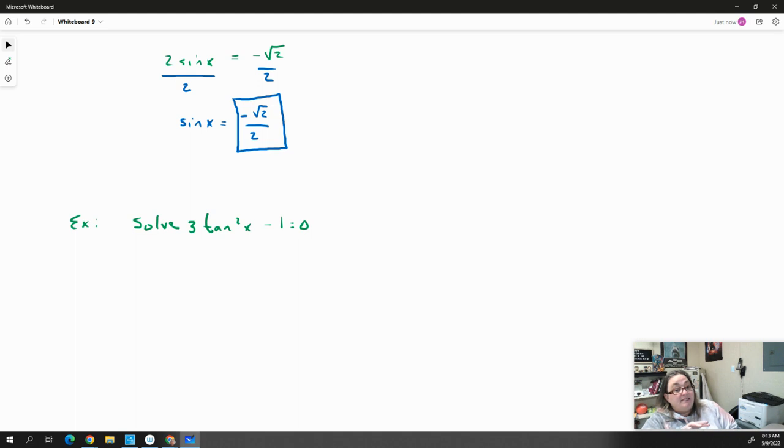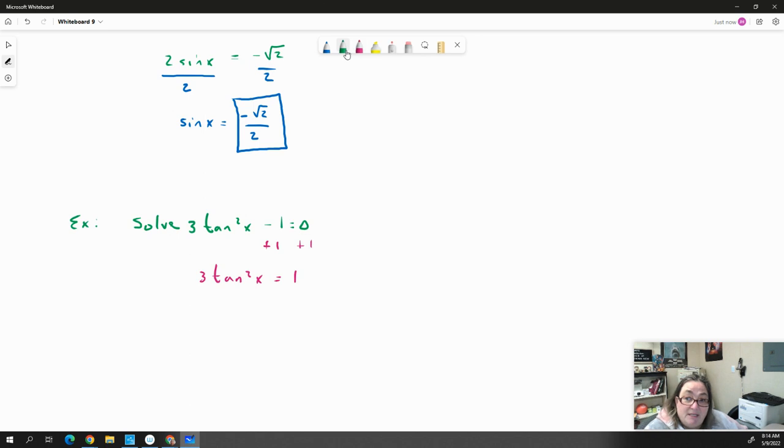We're going to try and get that tangent squared x all by itself. So we're going to start by undoing everything that's currently being done to it. And in this case, the first thing being done to it is we have 1 being subtracted from it. So we're just going to add 1 to each side. And we wind up with 3 times tangent squared x equals 1.